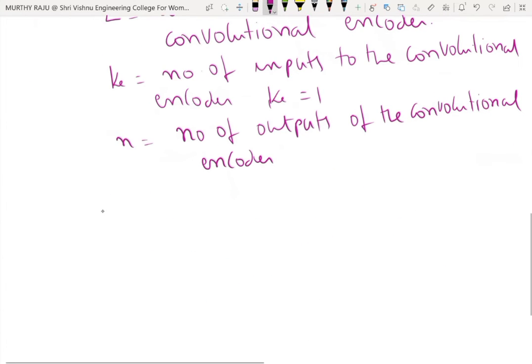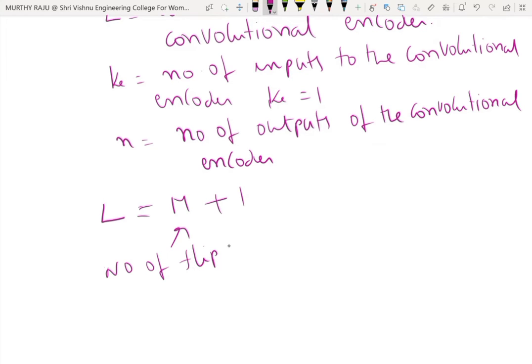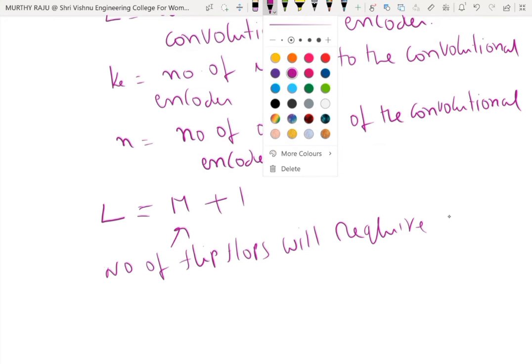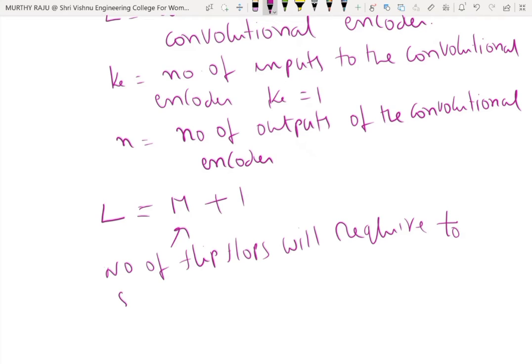Generally, constraint length L is equal to m plus 1, where m is the number of flip-flops required to store the previous 2 successive bits.